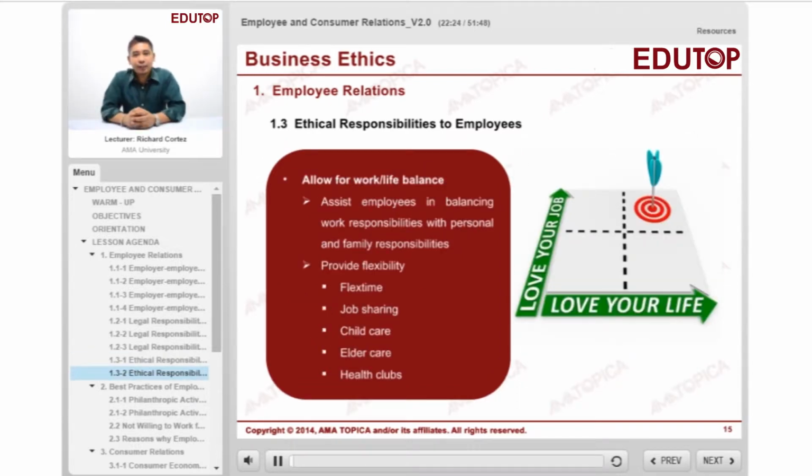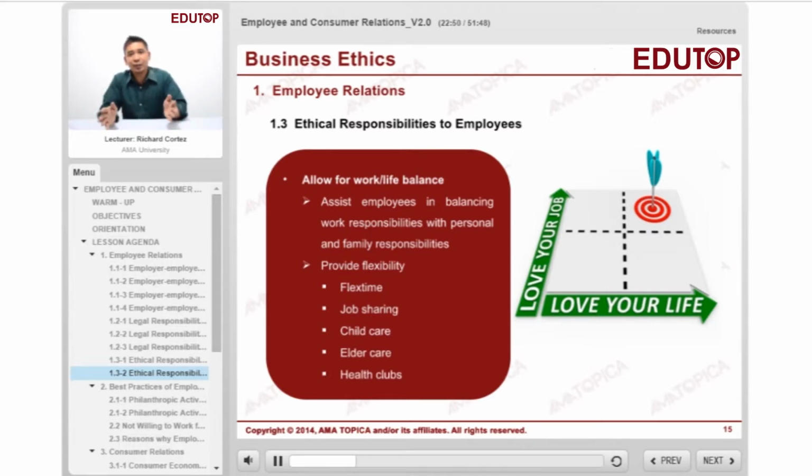So still on ethical responsibilities to the employees, the company or the employer should allow for work-life balance. It means assisting the employees in balancing work responsibilities. So the employee is not always working. Sometimes he or she needs personal improvement, or has a separate personal life.